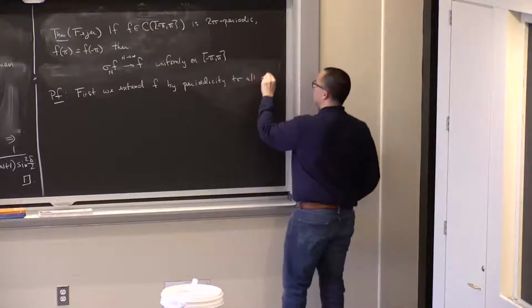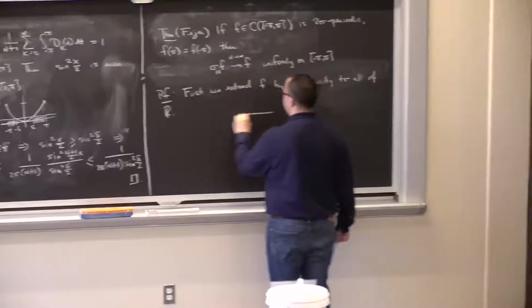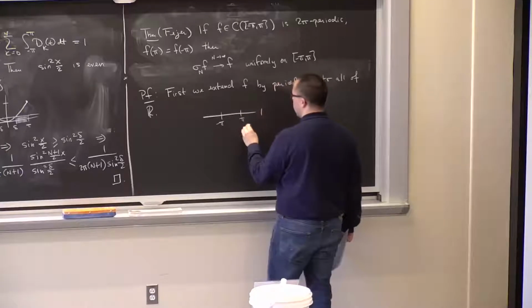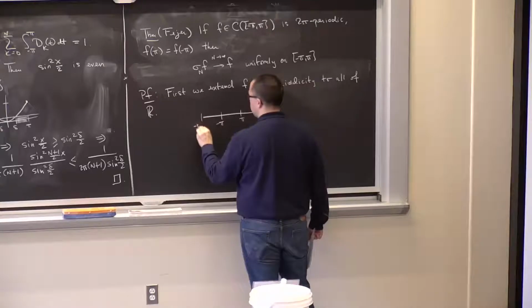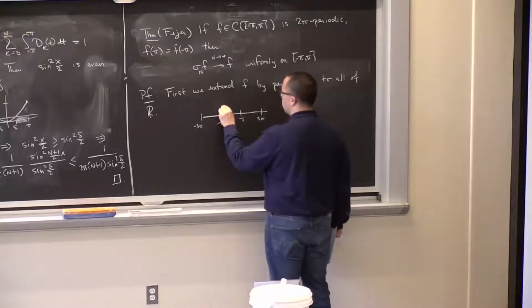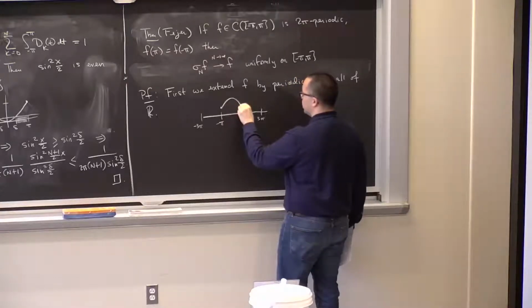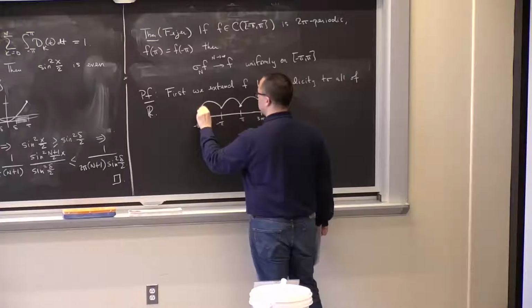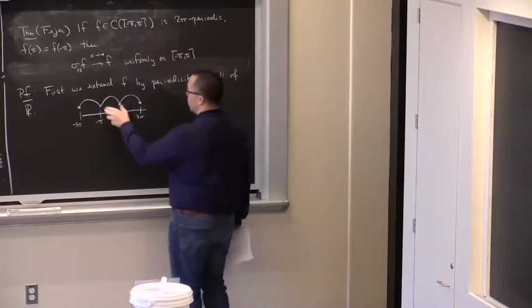Meaning I have pi, minus pi, here's 3 pi, here's minus 3 pi. I have this continuous function which is 2 pi periodic, and I extend it by how it is here, and so on. I'm not saying I extend it by 0 outside. I'm saying I extend it periodically.